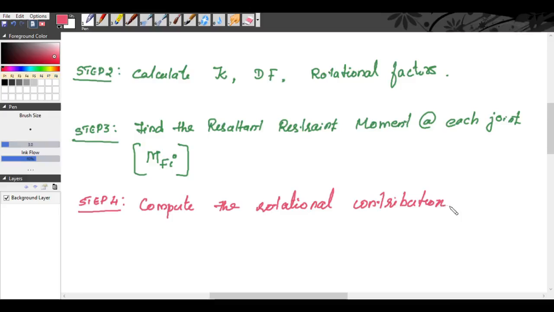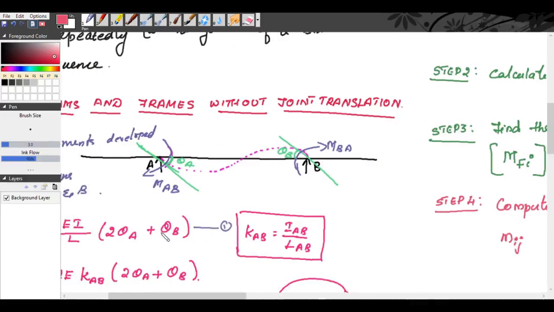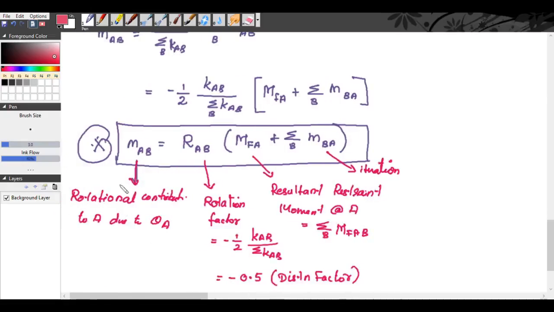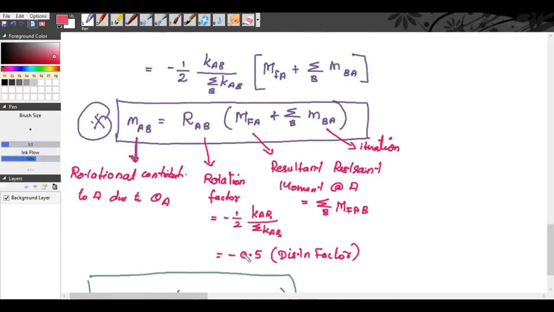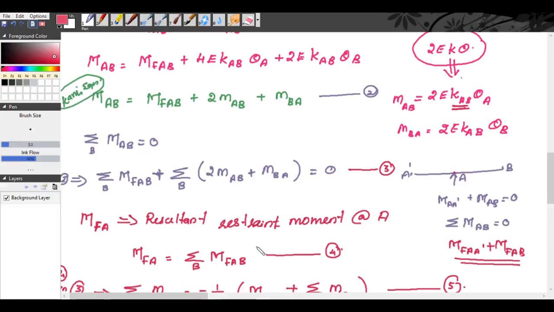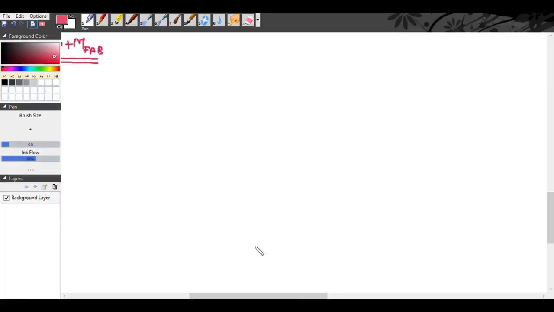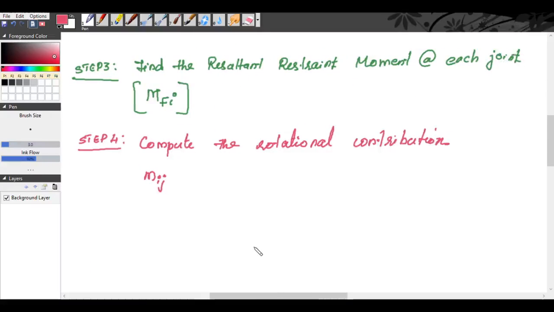We know the rotational contribution is M'ij.